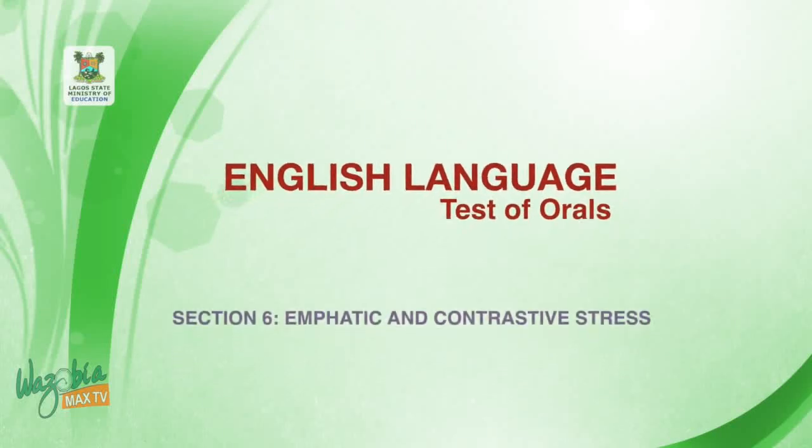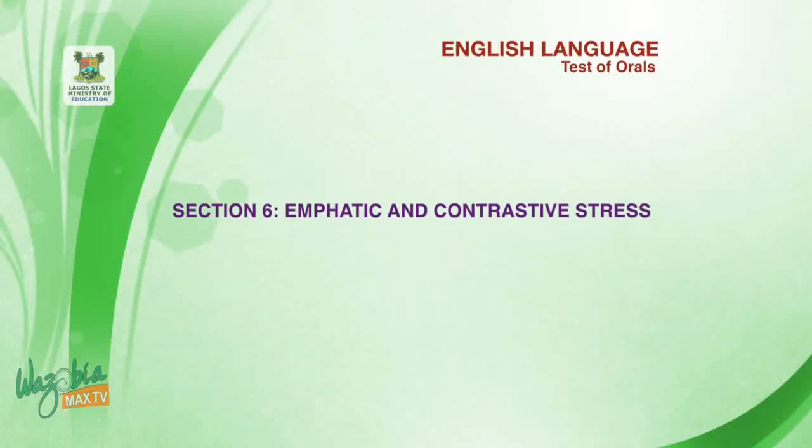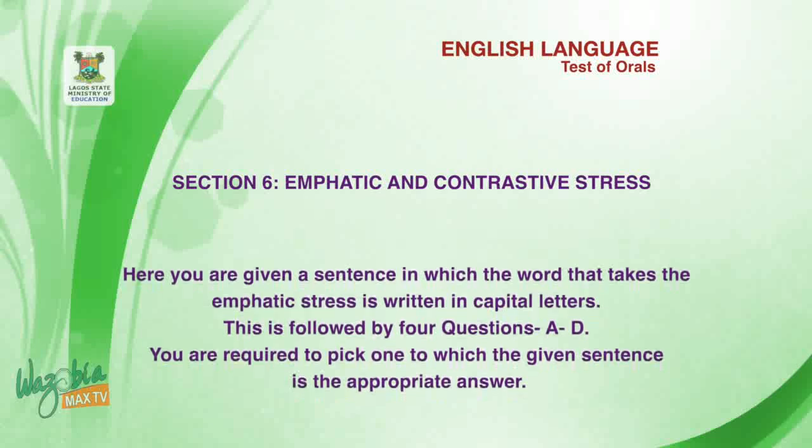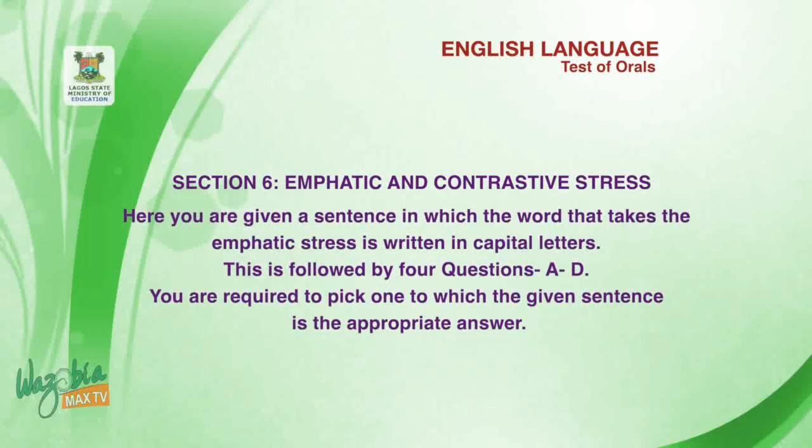Welcome back. Section 6, emphatic and contrastive stress. Here you are given a sentence in which the word that takes the emphatic stress is written in capital letters. This is followed by 4 questions, A to D. You are required to pick one to which the given sentence is the appropriate answer.